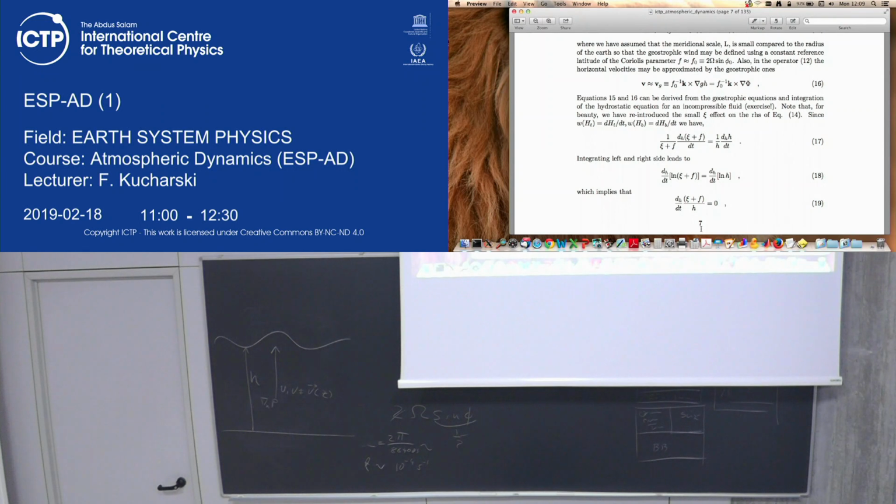But then as the flow expands, it has to spin up and the vorticity has to increase. So whenever this is decreasing, this has to decrease. Whenever this is increasing, this has to increase. So, to the south of the mountain, we increase the height of the flow again, and the vorticity has to spin up. A very powerful mechanism.